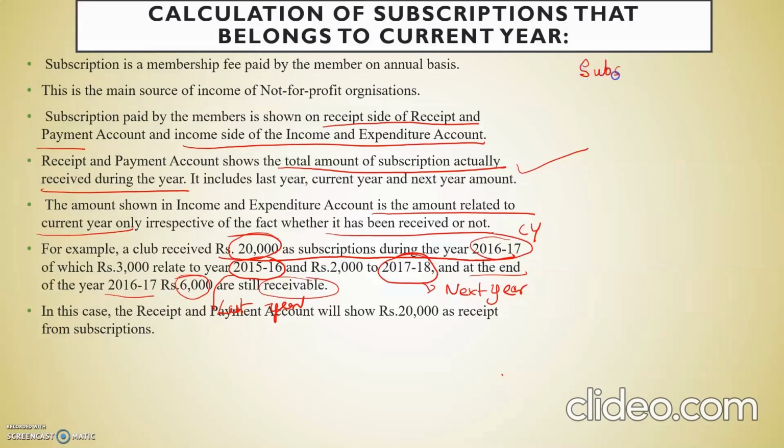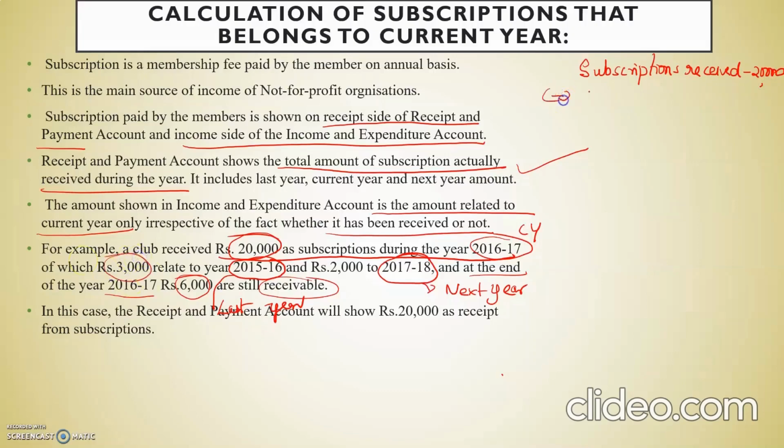First, starting with the subscriptions received during the year. Here subscription received during the year is 20,000. Now it includes 3,000 relate to last year.